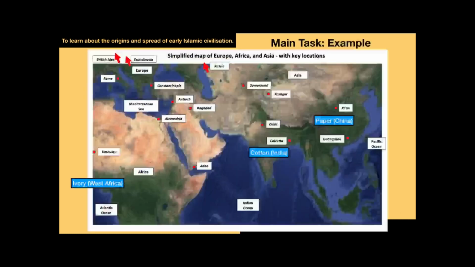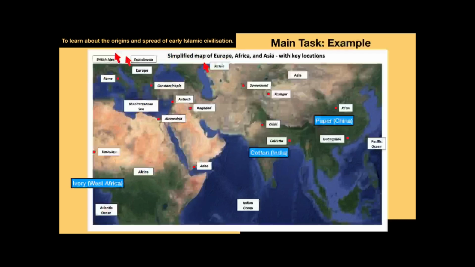Let's have a look at an example together. So here, I've got the White Crown map. Now, the difference between the different crown challenges today is the amount of detail on the map. So choose a crown challenge suitable for you. This is White Crown. In the white text boxes, I've got the different locations around Europe and Asia along the Silk Road. And I've started to put down where some different items came from.